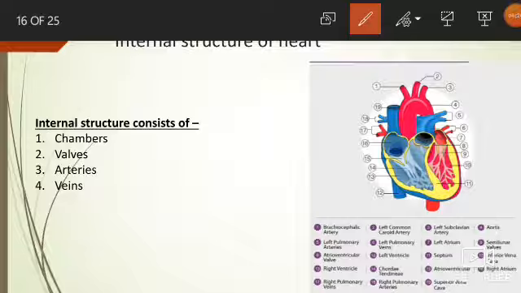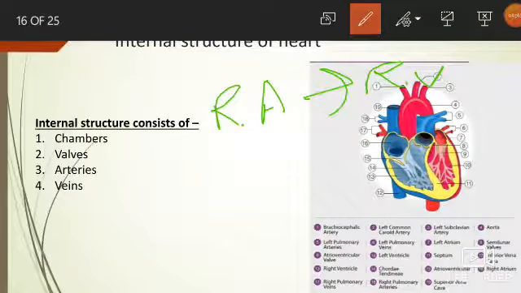As I have already told you, there is a presence of valves between the right atrium and right ventricle, and the left atrium and left ventricle. So the presence of valves ensures that there is no backflow of blood, as the blood flows from the right atrium to the right ventricle and the left atrium to the left ventricle.